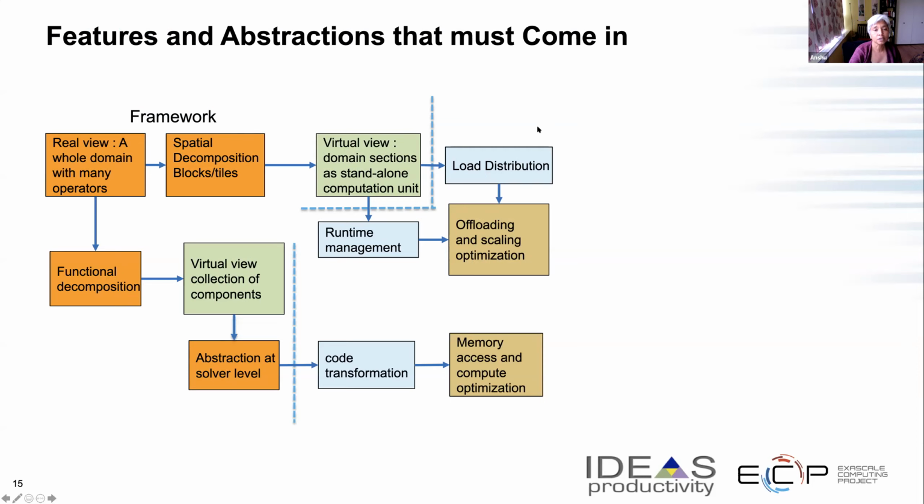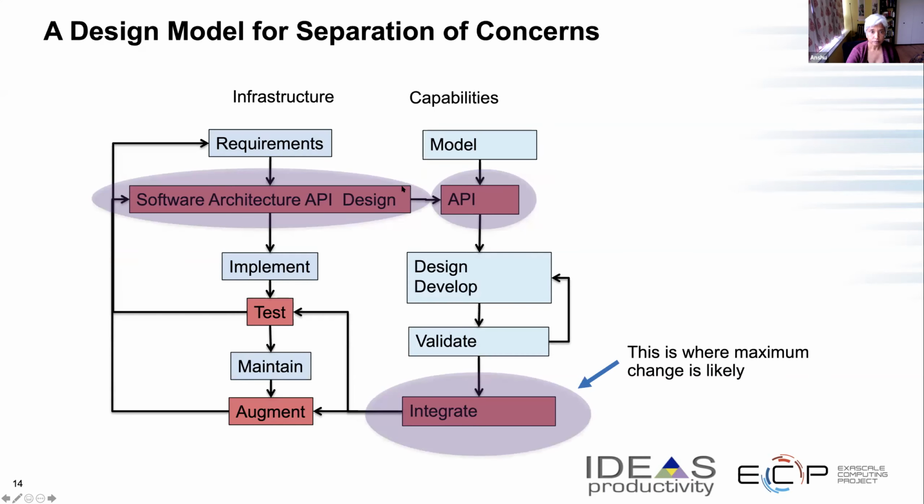And the runtime management is making sure that specialized devices like accelerators are effectively used within the node. So that kind of offloading and scaling optimization is now managed by these two different components, though if you're looking at the previous figure, they're still encompassed within this part of the figure. It's just that the API will be more fine-grained and richer.